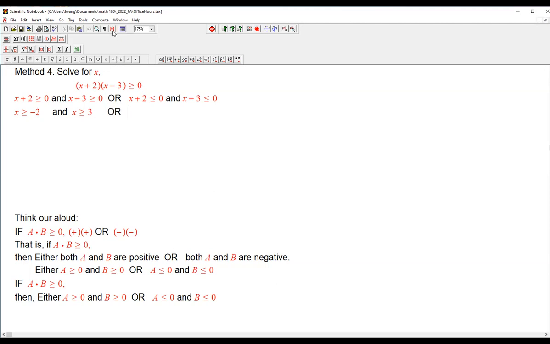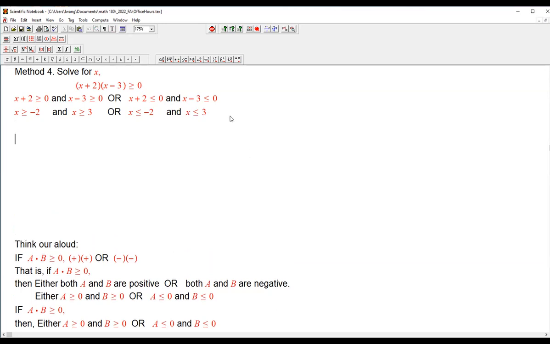Here you're going to have x less than or equal to -2, and x is less than or equal to 3. And then what do we do? You would have to consider these two and combine these two. Remember the truth table, right? A and B is true if both are true.